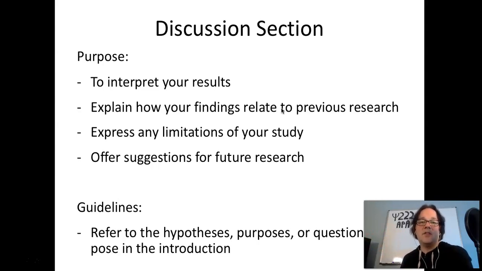So a good way to come up with suggestions for future research is to basically say, we should do all those things that our study didn't do. So discussing limitations is a good way to come up with ideas for future research, and you're going to have them.